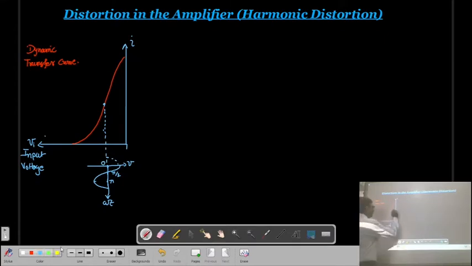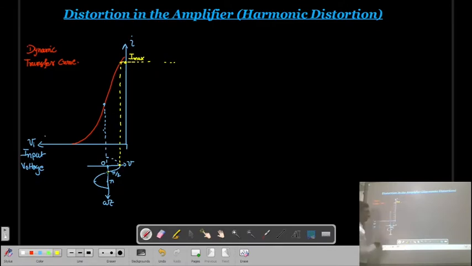So if we draw a line corresponding to this, it represents this much amount of current, and this current we call I maximum. Now here, the input signal is maximum, so the maximum current is there.